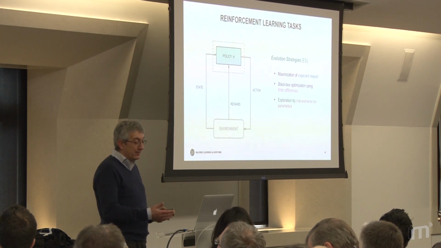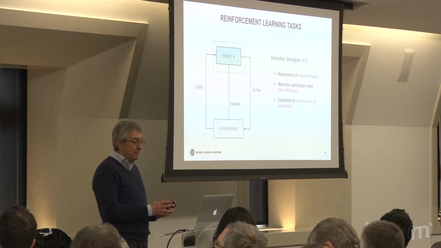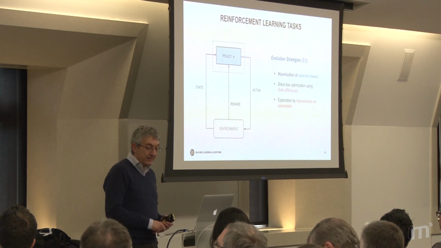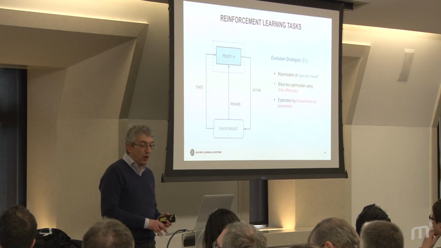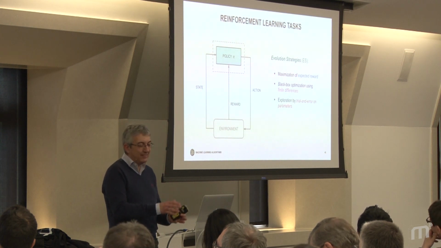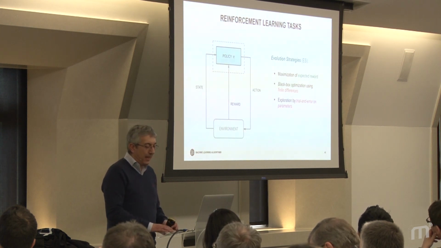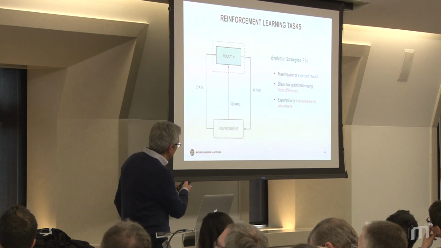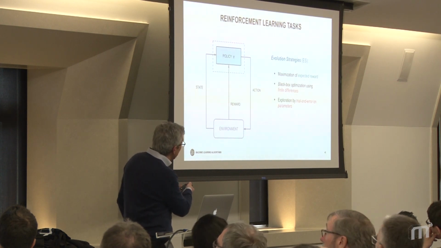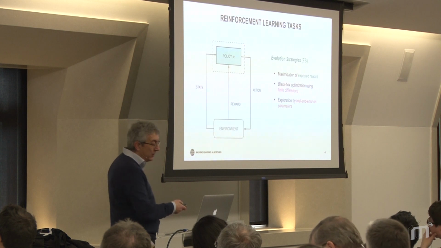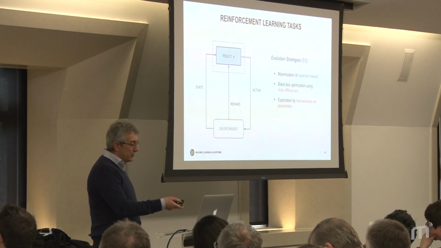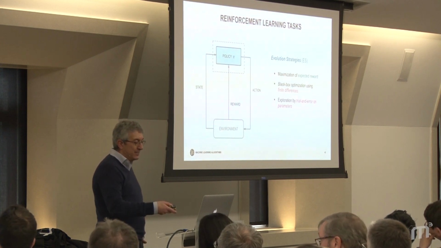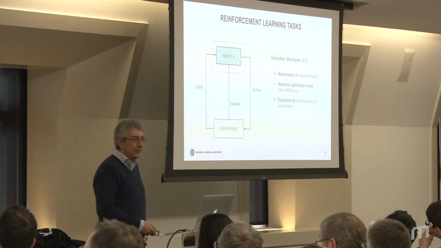Not using backpropagation, this approach can potentially be faster. The black box optimization is based just on finite difference estimation, allegedly only in a subset of directions at a time. And the exploration is done by trial and error on parameters. So it's a direct policy optimization where the parameters have some stochasticity, which is what helps in exploration.